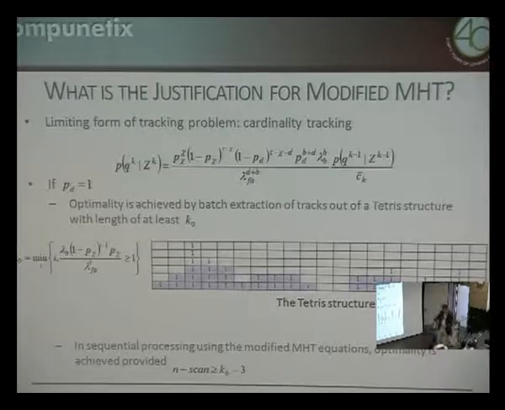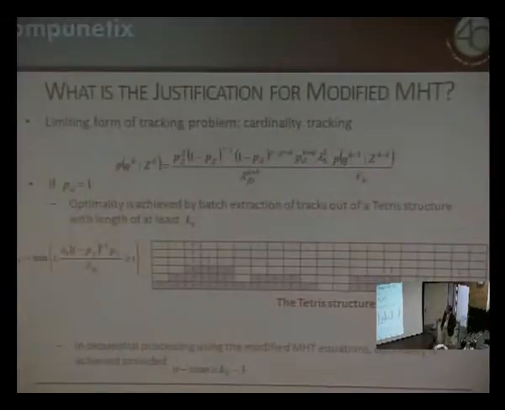The theory suggests that optimality is achieved by not just fully populating your hypothesis trees from the beginning of the data to the end, but doing batch extraction of tracks. We can't do batch extraction, and so we want to do real-time extraction, and provided that we weight things in certain ways, in the limiting case, we actually achieve optimality. Okay, that's, I think, as much as I want to say.